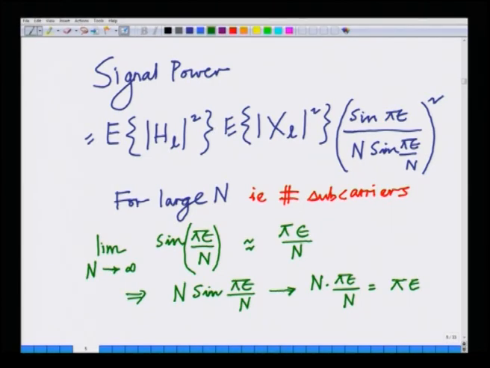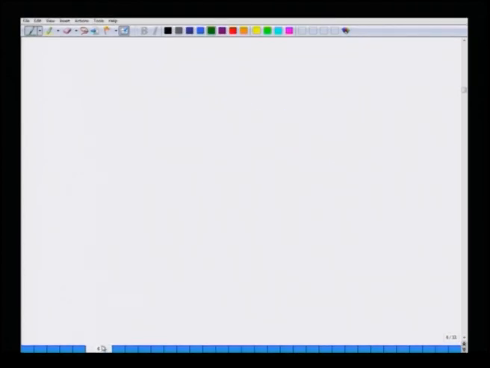Hence, this expression for signal power can be simplified as follows.